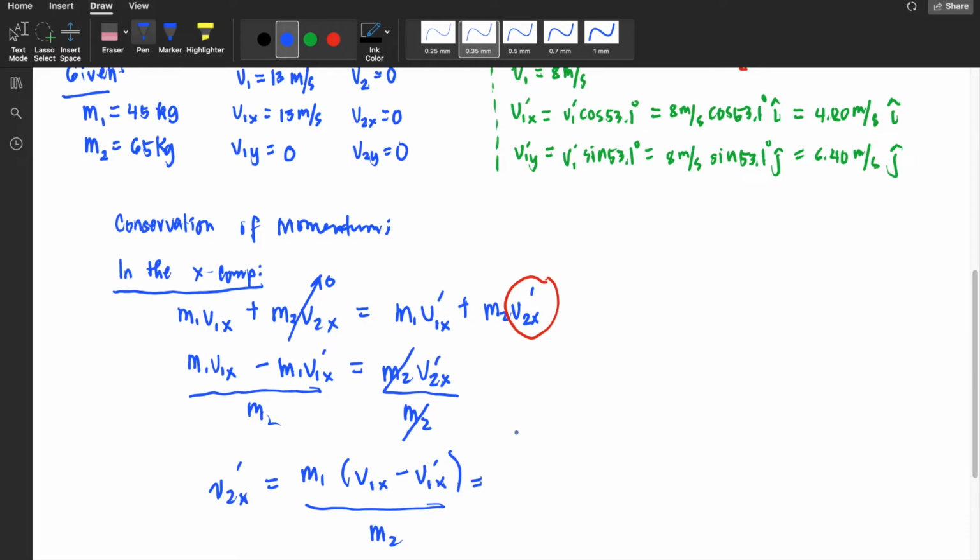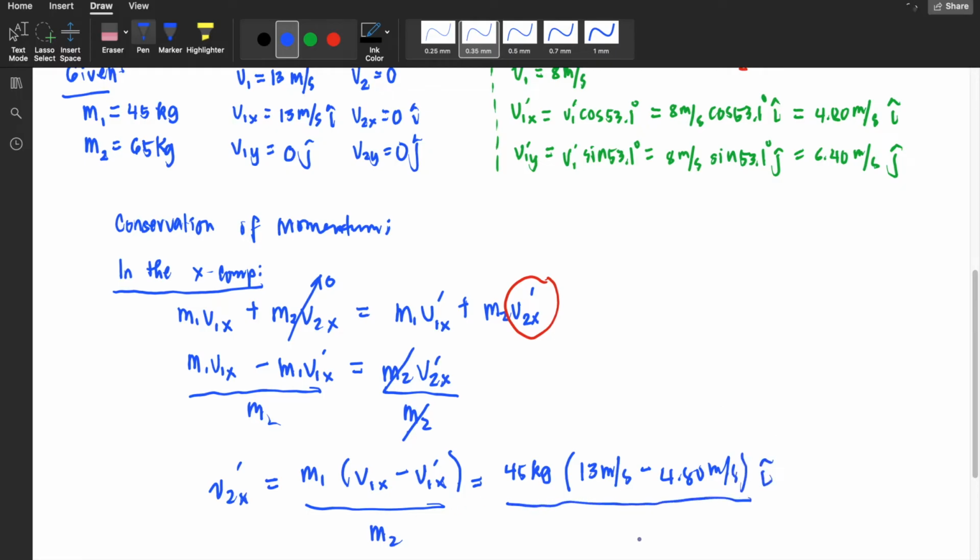So you'll have m1, which is 45 kilograms, times your v1x, equal to 13 meters per second, minus the v1x', which is 4.8. I forgot also to put some unit vectors here: i hat, j hat, i hat, j hat. So you'll have 4.80 meters per second i hat, all over its mass of 65 kilograms.